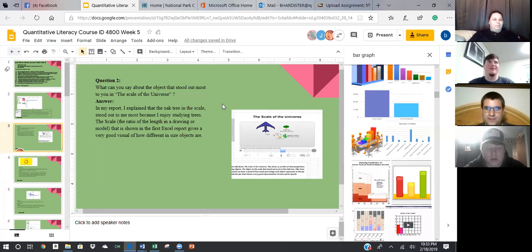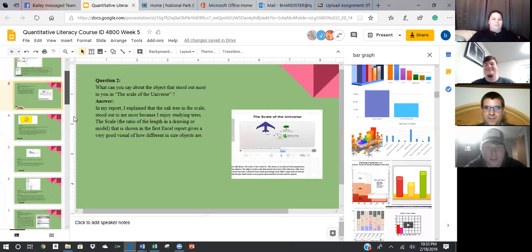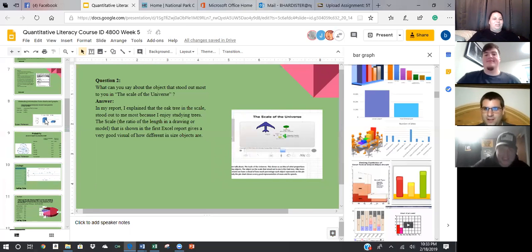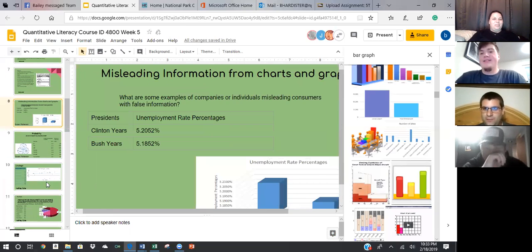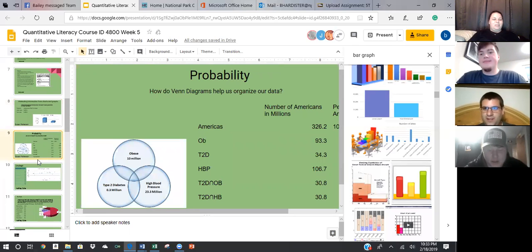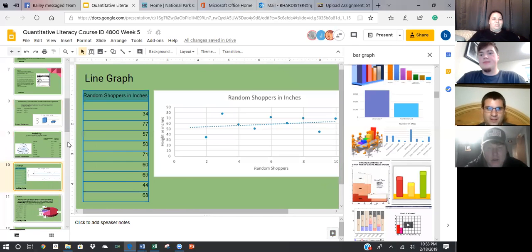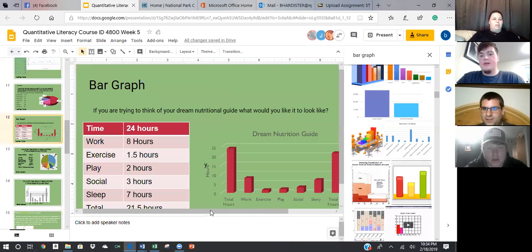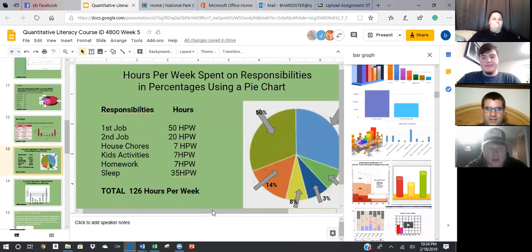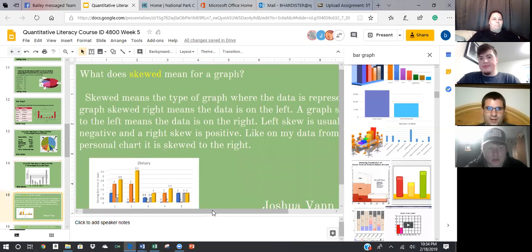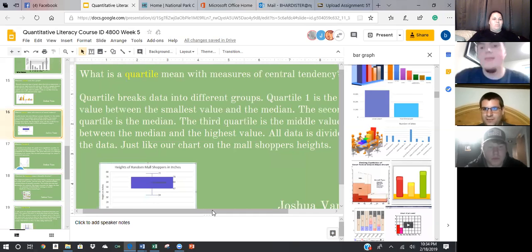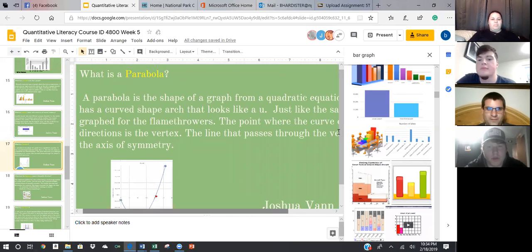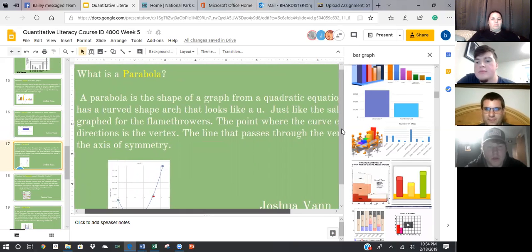A parabola is the shape of a graph from a quadratic equation, or it has a curved shape, an arch, that looks like a U, just like the cells we graphed for the flamethrowers.